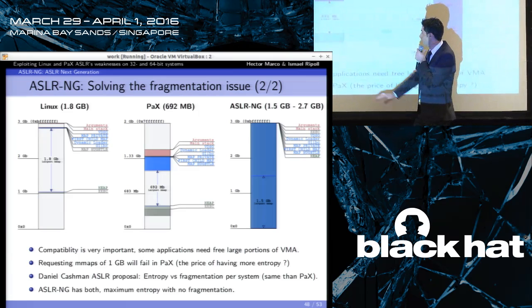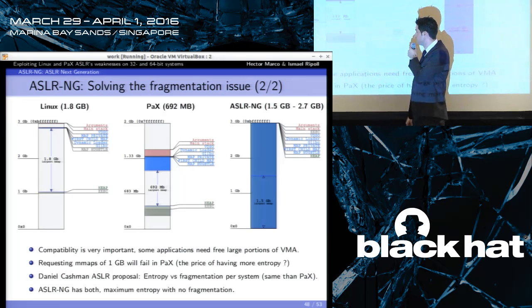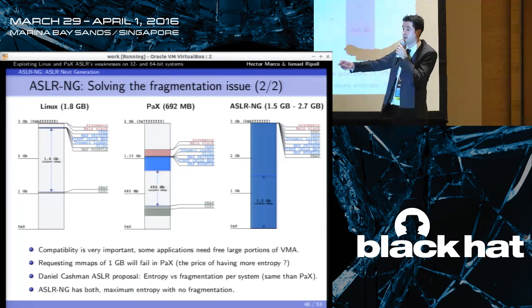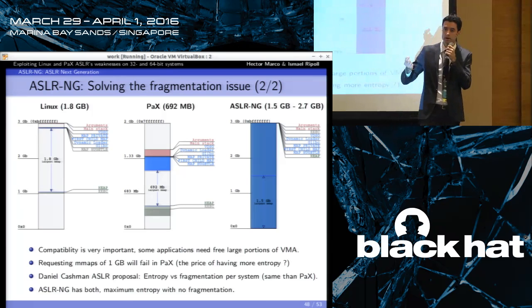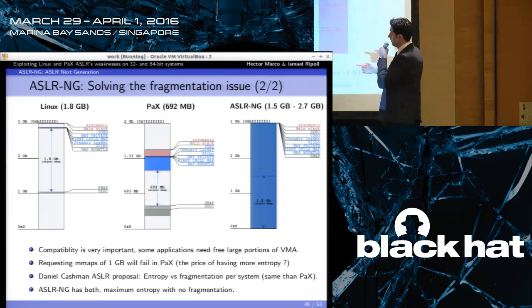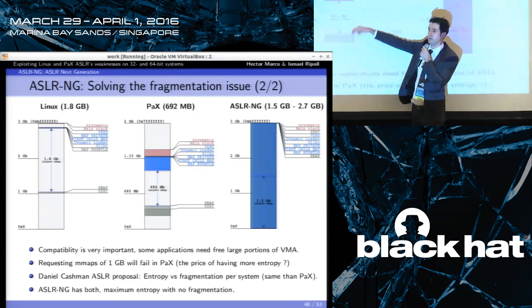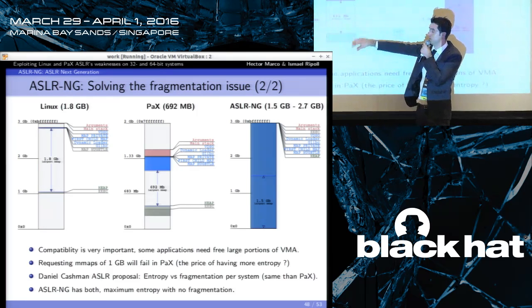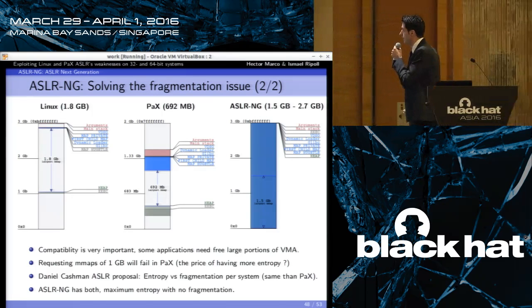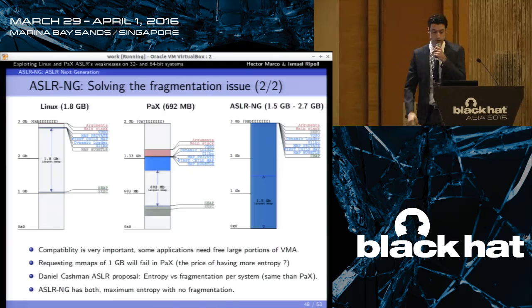The only thing that is not very good from PaX, I think, is that it cannot allocate large blocks. For instance, you cannot mmap a video of 1 gigabyte. You will get an error because you do not have any free block of 1 gigabyte. Okay, so the fragmentation is important, and I think that can be an issue.